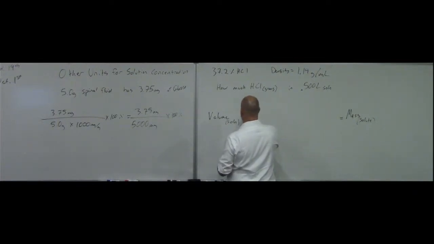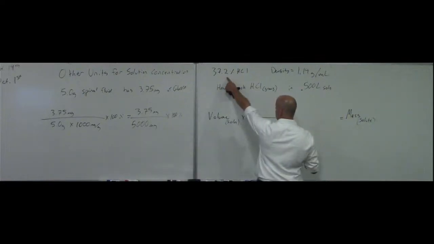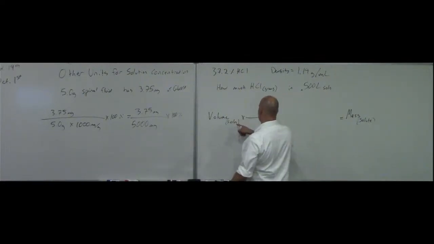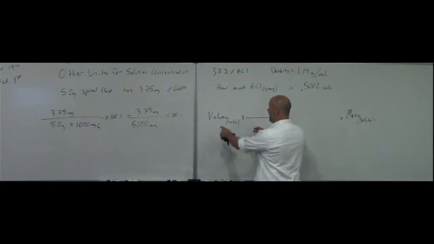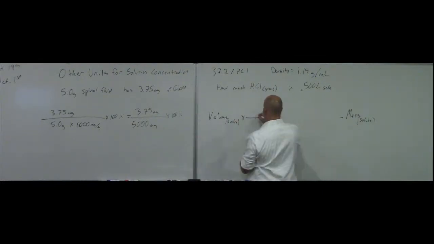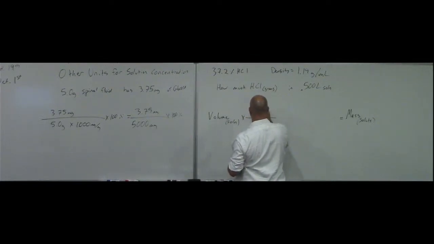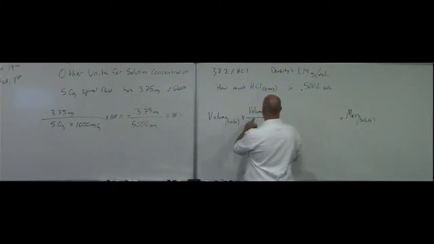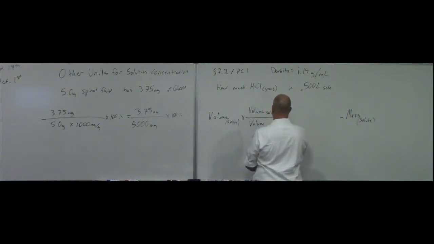So what I can do is multiply using this. I need to cancel out volumes of solution because I need volume of solute, because this is what I'm dealing with. So I'm going to put volume of solute here, and volume of solution down here.